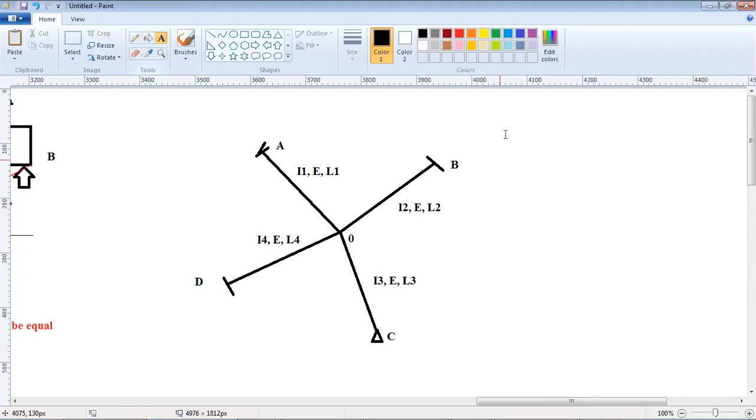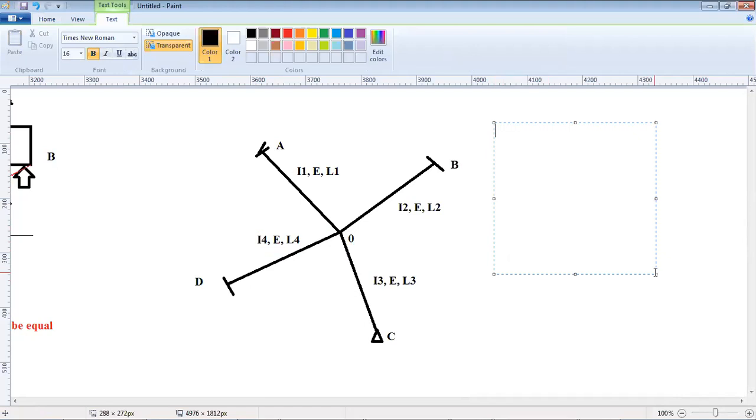Now, what do we get? OA is fixed at A, and simply supported, although rigid, at O. Similar is the case with OB as well as OD.